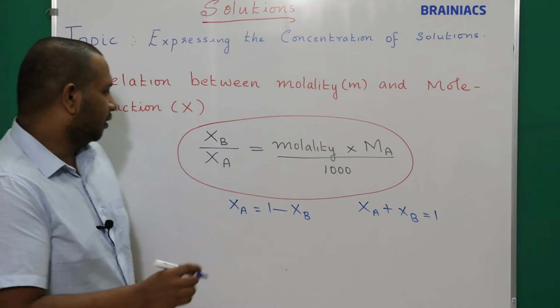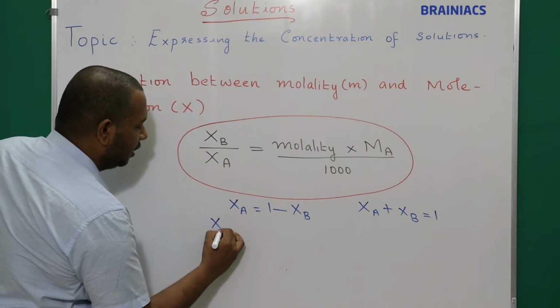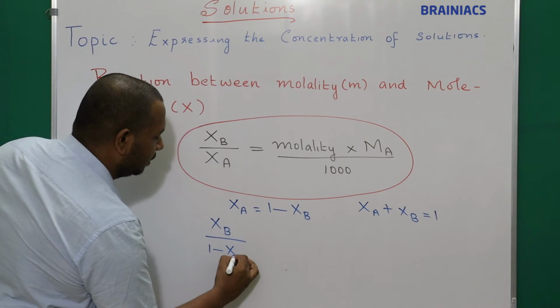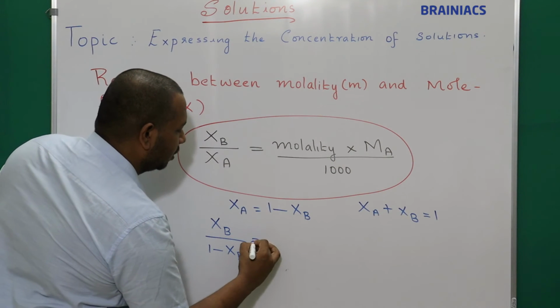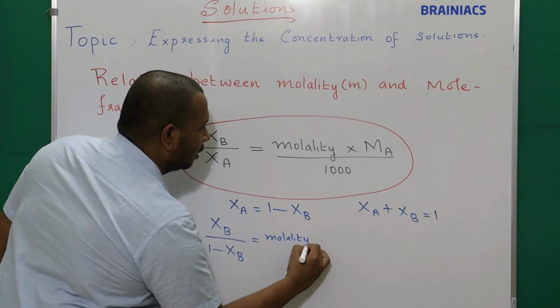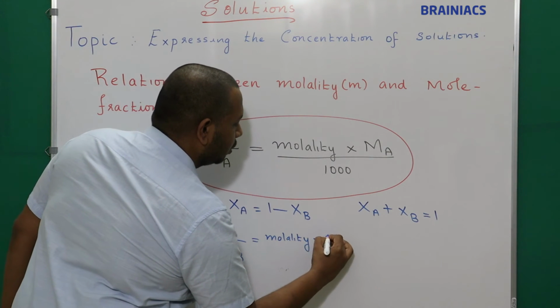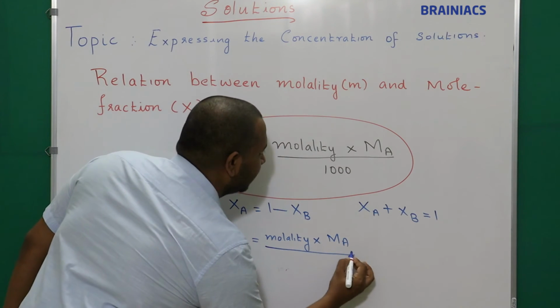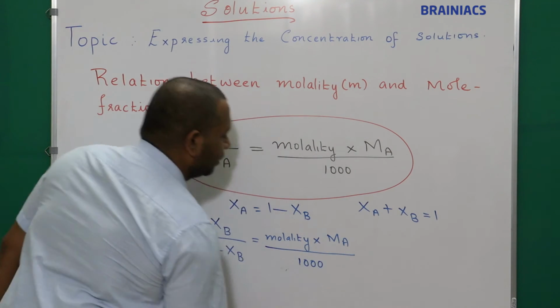So how can I rewrite it now? XB by 1 minus XB is equal to molality into MA, the molecular mass of the solvent, divided by 1000. Correct.